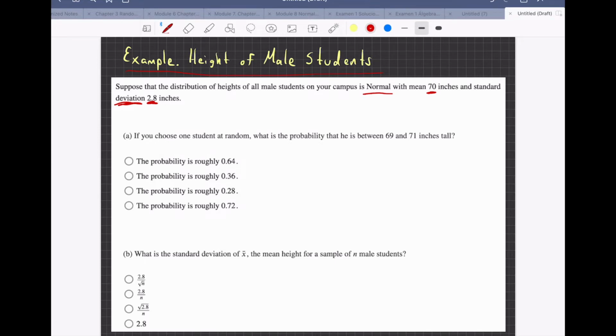All right, here in this case, x is the random variable representing the heights of all male students. The mean is equal to 70 and sigma is equal to 2.8.